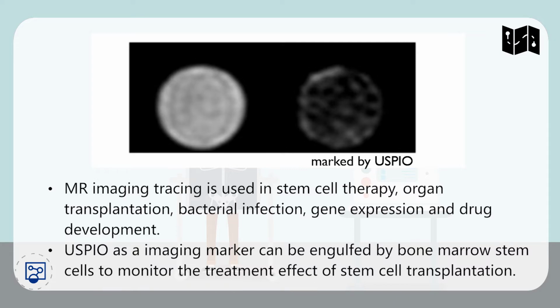For example, USPIO as a marker can be engulfed by bone marrow mesenchymal stem cells, and the cells will be hypointense on T2-weighted images. Thus, we can monitor the treatment effects of stem cell transplantation in ischemic or degenerative diseases or other diseases.